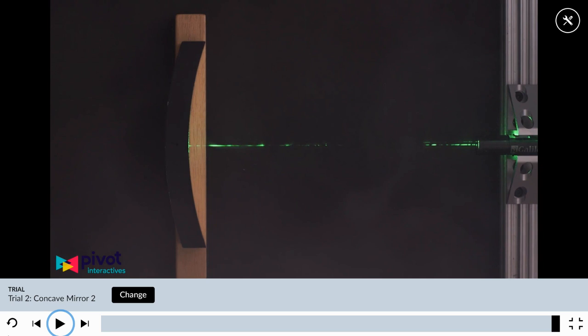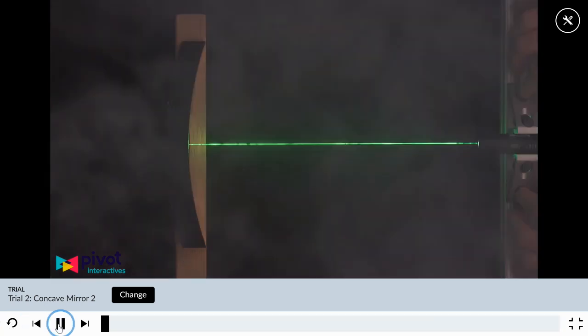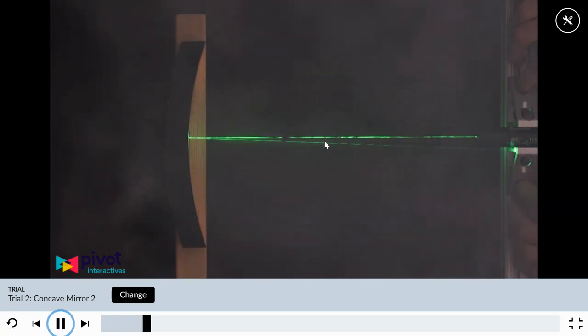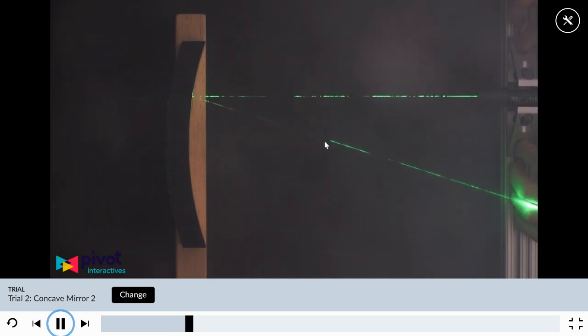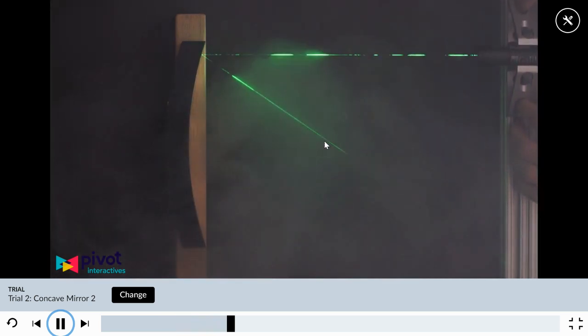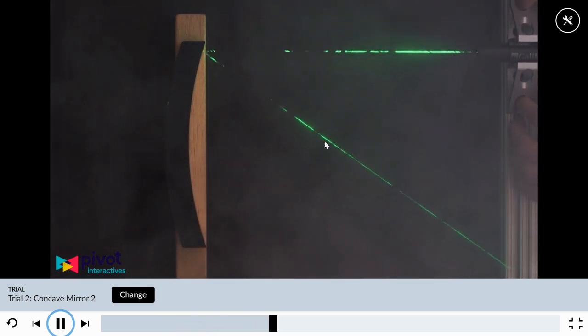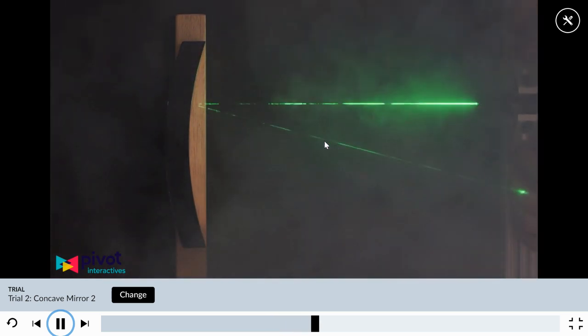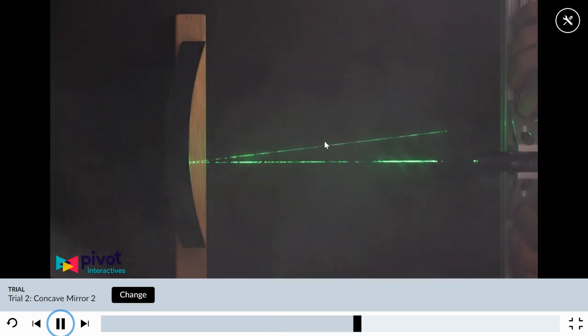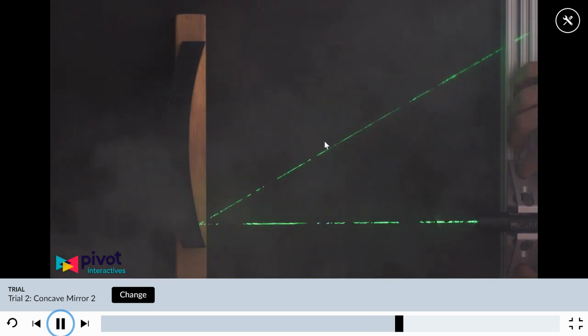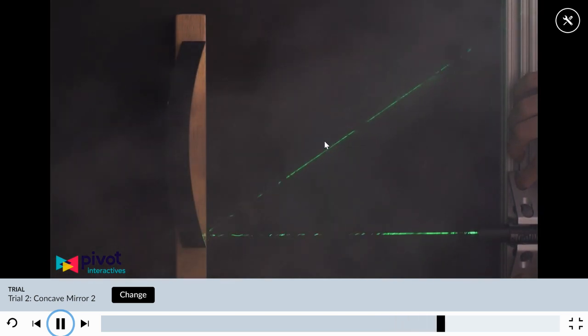What do you notice about the reflected rays? Run that by your neighbor real quick. There's a point a bit to the right of his mouse that they seem to rotate around.